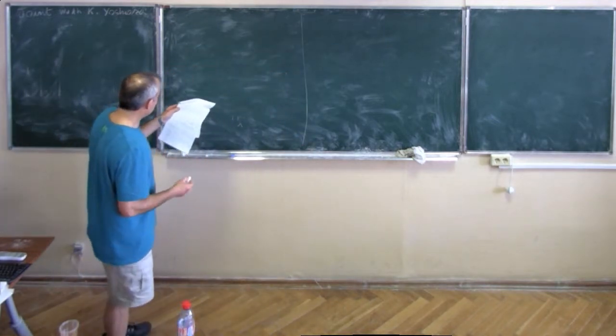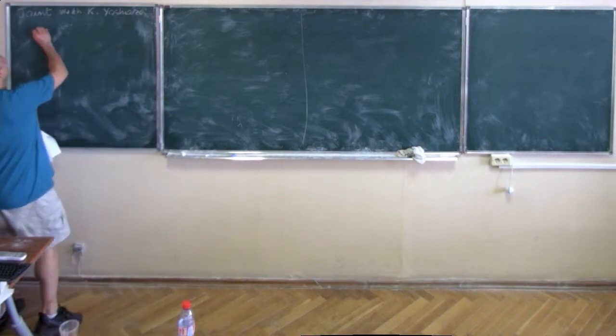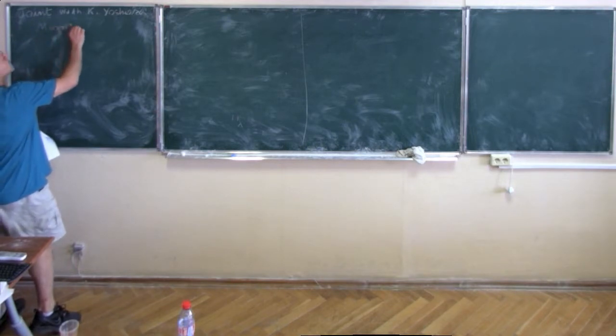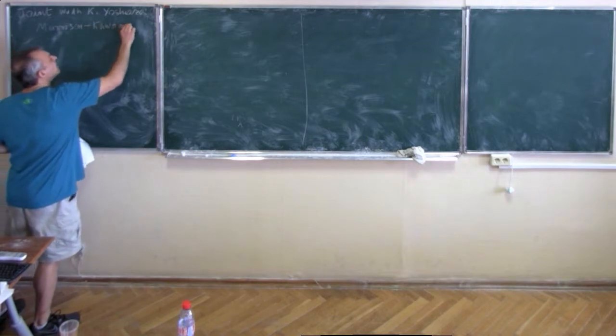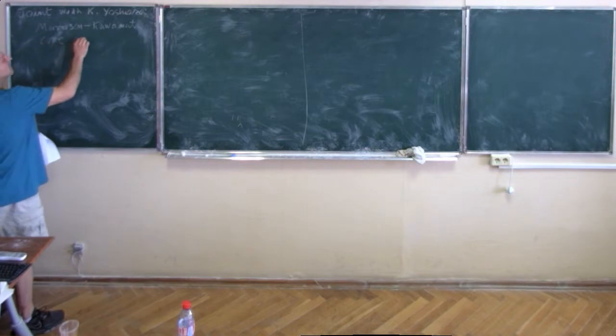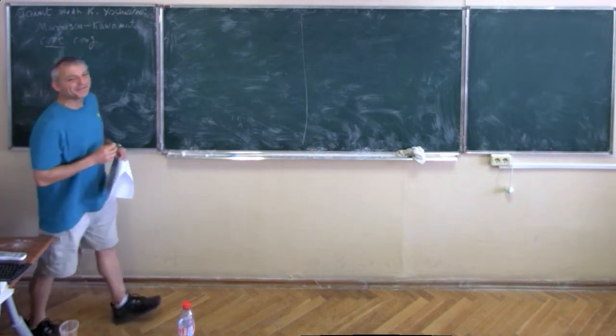All right, so this is the Morrison-Kawamata conjecture. And so there are a lot of cones, so let me define a few cones.